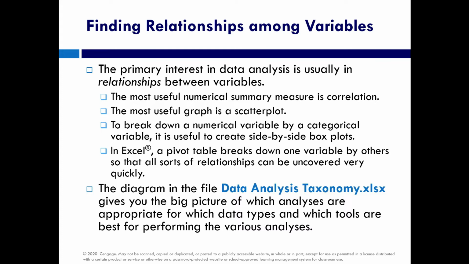In Excel, a pivot table breaks down one variable by another, so all sorts of relationships can be uncovered very quickly. The diagram in the data analysis taxonomy Excel file gives you the big picture.